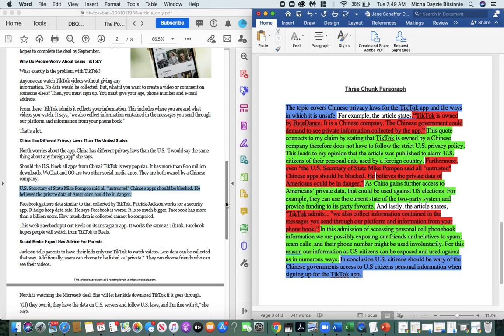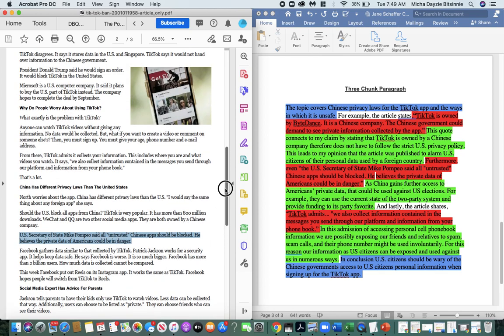So let's see. Where can we find this? Right here. Okay. TikTok admits, we also collect information contained in the messages you send through our platform and information from your phone book. So we see that right here. It collects your information, and it talks about it right here.